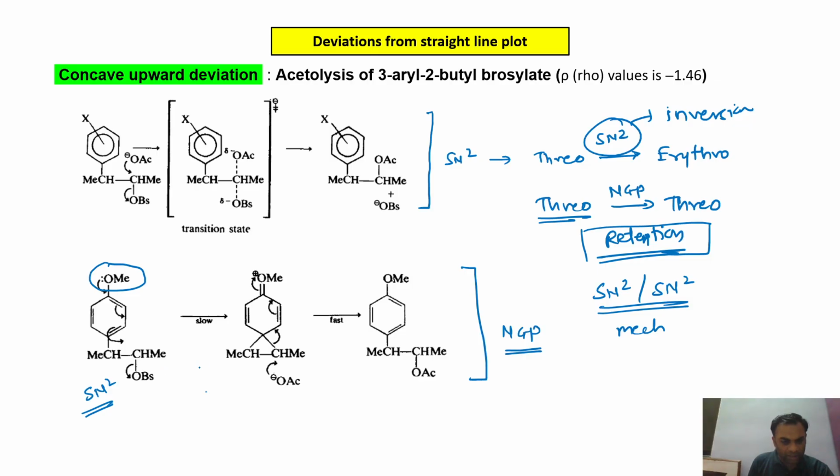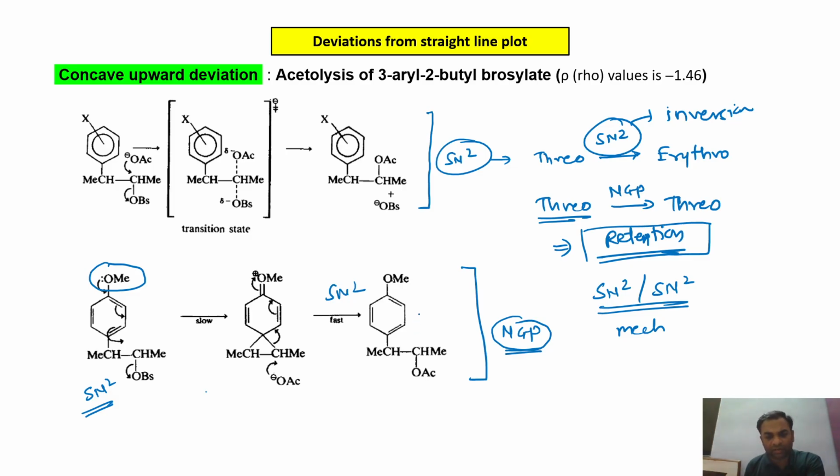So this is the first SN2 reaction, and this is your second SN2 reaction, and the result of inversion of inversion is retention. This stereochemical result shows that some reactions follow the SN2 mechanism and some reactions follow the NGP mechanism.